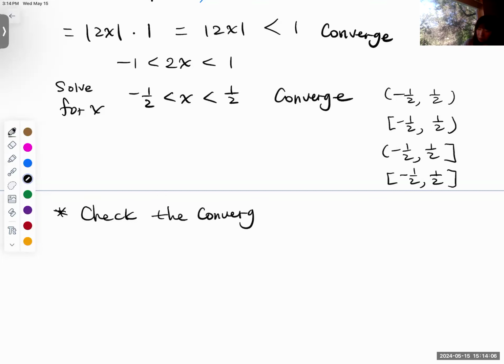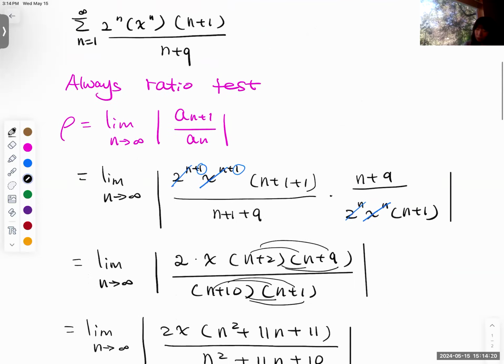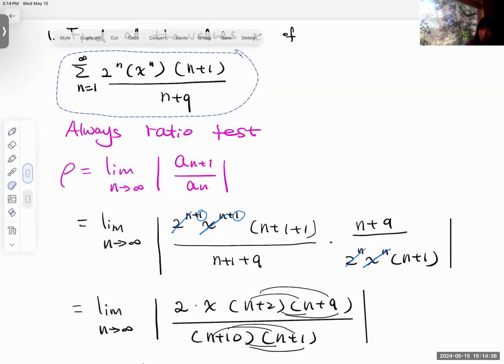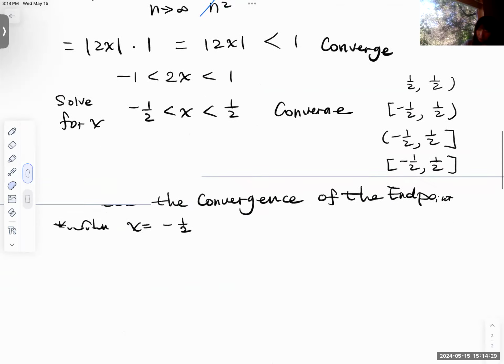Convergence of the endpoint. So when x equals -1/2, we plug it into the x, right? Copy.